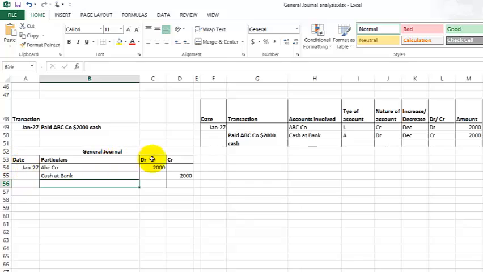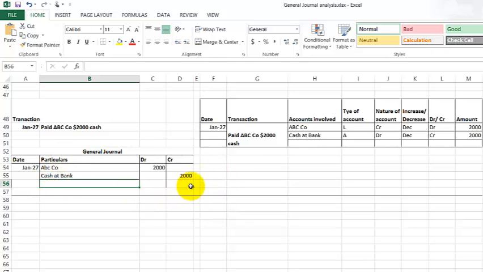And there we have it. That's how you analyse transactions and put them into the general journal. The important thing that you need to know and be able to do in the exam is, when you see a transaction, to be able to identify what accounts, whether it's debit or credit. Right? That is stuff that you need to do in section B of the exam.